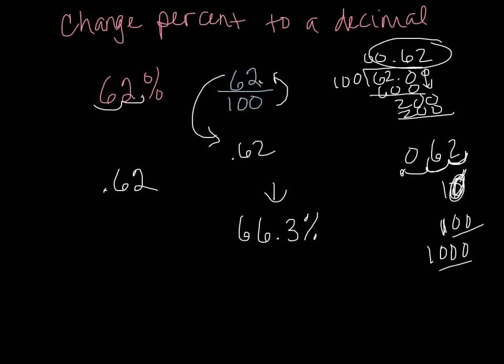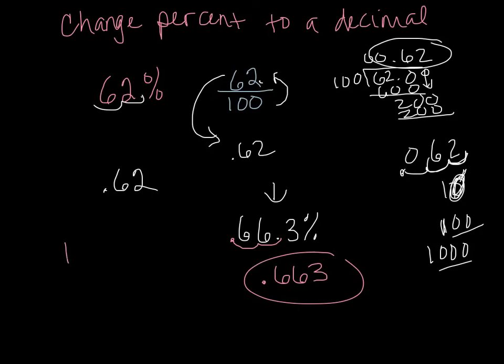Well, it's going to be 66.3 over 100 because that's what 66.3% means. If I wanted a decimal, I would divide bottom into top. I'm dividing by 100. So I'm going to move my decimal 2 spots and 2 spots only to the left. And I'm going to get 0.663. That's it. Percent's now a decimal. Done. Just move it 2 spots and 2 spots only.